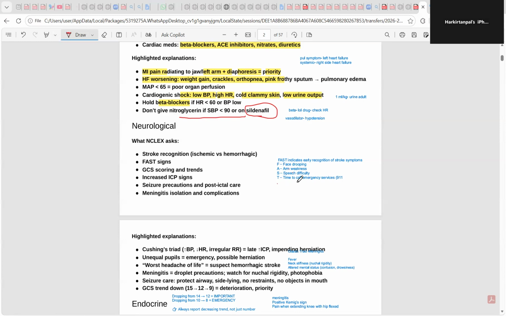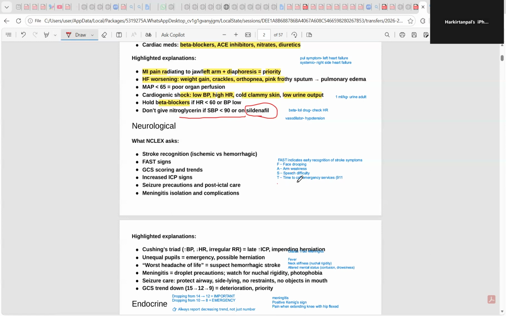This is the early recognition of symptoms. If the client fell down with unconsciousness, how can we differentiate hypoglycemia from stroke? Both can cause unconsciousness, but while giving emergency management we should also check the blood glucose level.